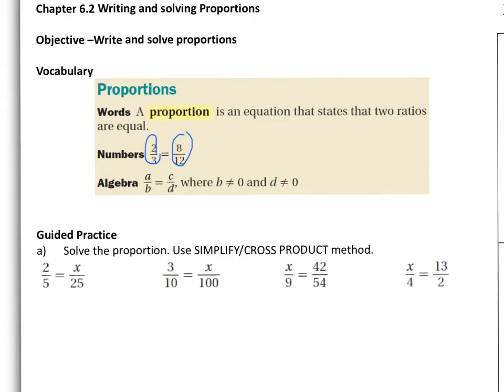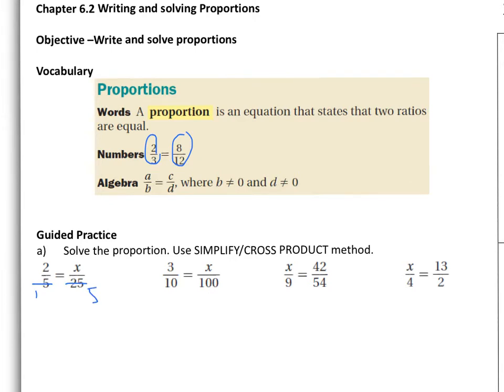Okay, to solve a proportion, I would like you to learn the simplified cross product method. So what do I mean by that? Let's take a look at the first problem. 2 over 5 equals x over 25. Okay, I'm going to first simplify before I solve for x. I could first simplify 5 with 25.